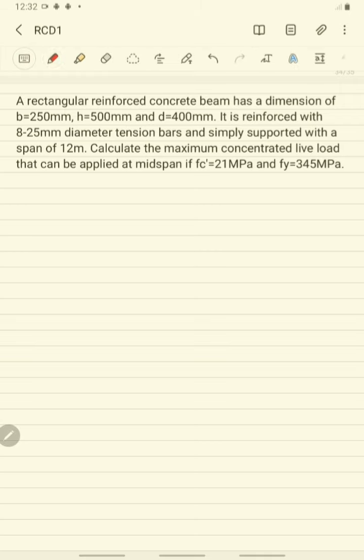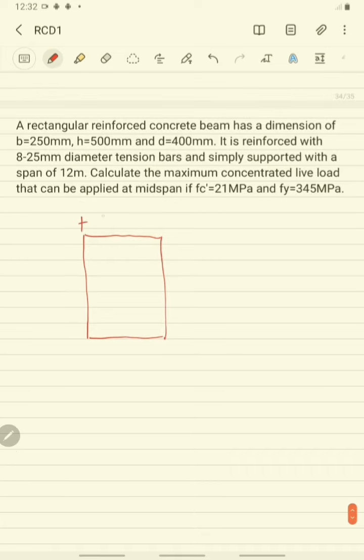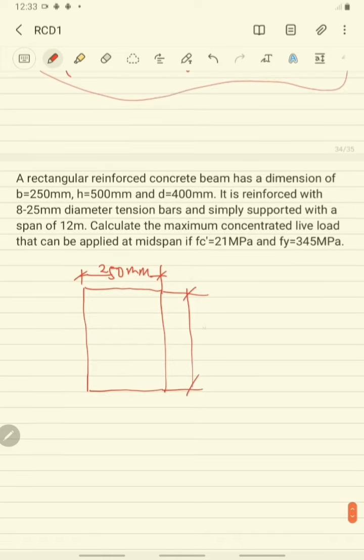So first, we need to illustrate the problem. So this is your beam. The width is 250 mm and the height is equal to 500 mm.